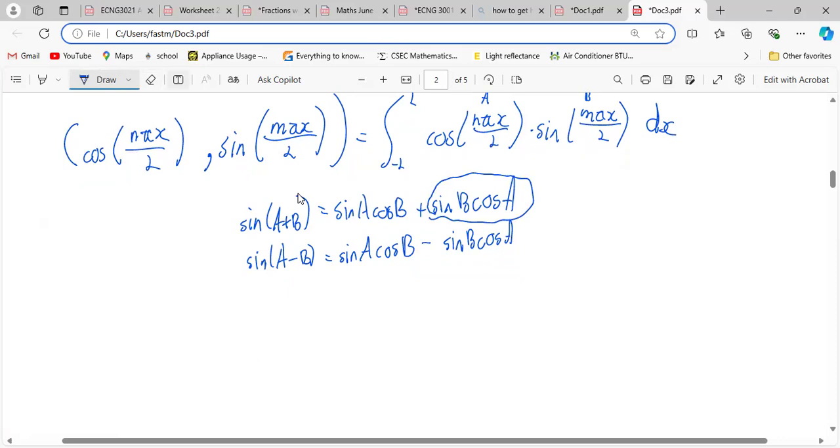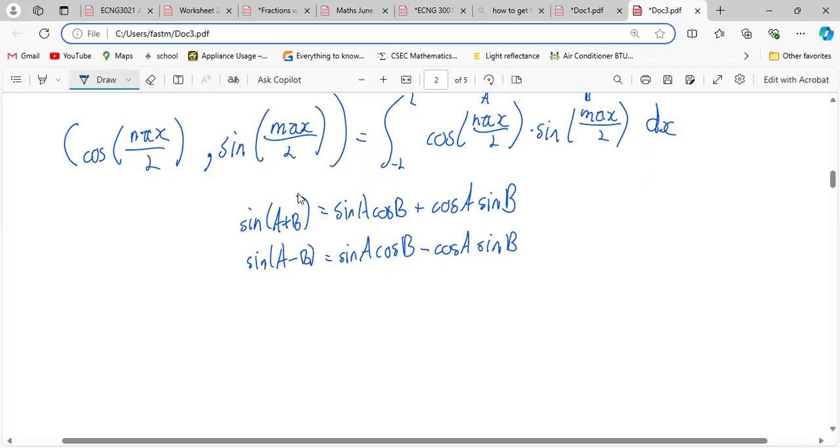I don't want to confuse you, so I'm just going to write it out. So sine A cos B plus cos A sine B, and this one would be sine A cos B minus cos A sine B. Right, much better. So you can clearly see what I'm looking at now.